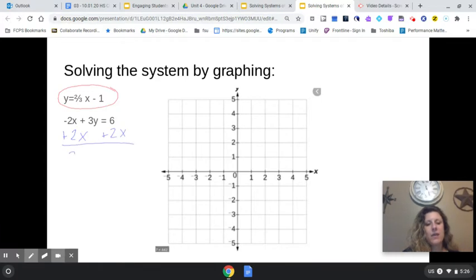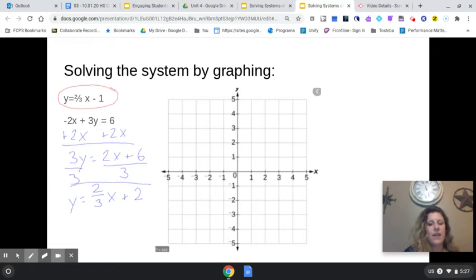And we get 3y is equal to 2x plus 6. Let's divide both sides of the equation by 3. And we get y equals 2/3 x plus 2.